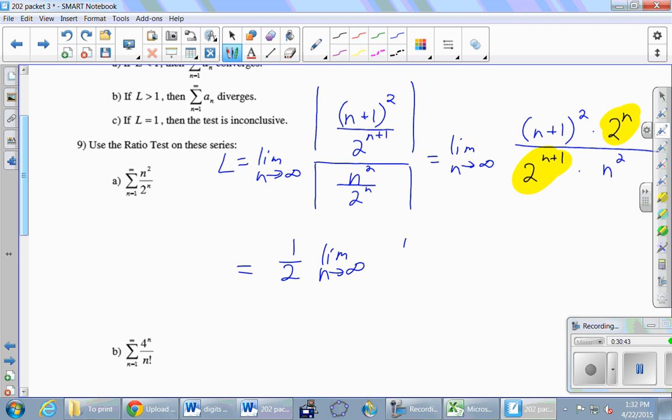And then I'll copy what's left. Because it's 2 to the n plus 1, you have n plus 1 of these 2's sitting down there. You can do that. It's this property.